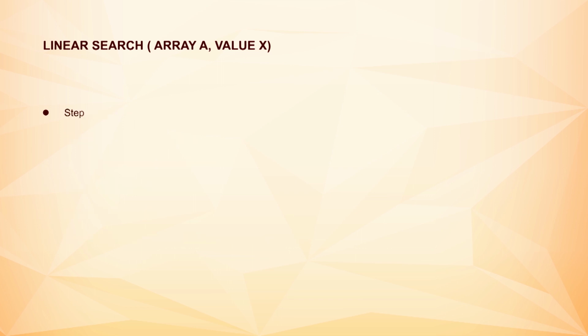It means print element is not found in the linear array, or we can write for the unsuccessful case, location equal to null. So, this is the logic of how we find the location of the data inside the linear memory. This is a linear search.